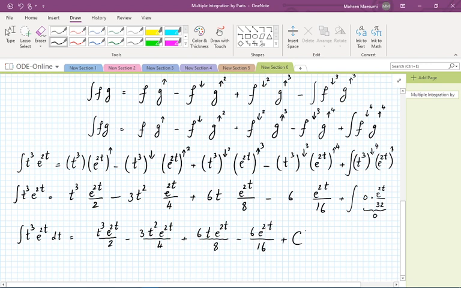Same approach can be applied to some other cases that are a little bit more involved. For example, for calculating exponential times a trig function such as sine or cosine. I'll have a write-up on my website. You can consult that for more detail.